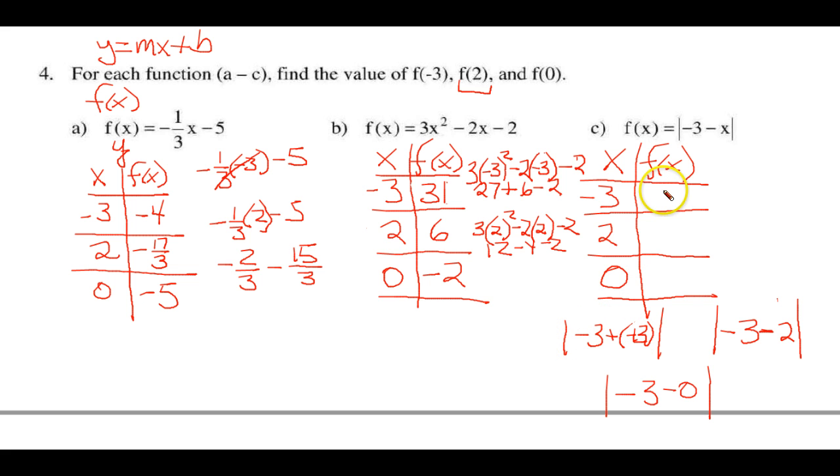Absolute value of 0 is 0. Now here we have a negative 3 and a negative 2. This will be a negative 5 that comes out of the absolute value as a positive 5. And here, if we put a 0 in there, negative 3 minus 0 is negative 3, but it comes out of there as a positive 3.